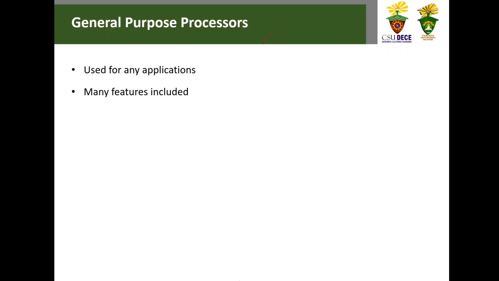For a general purpose processor, as I have mentioned earlier, it is most of the time included in our computers, laptops, desktops, and any because it is used for many applications. So and it includes many features. So medyo na siya ang naka-suited for general purpose processor.